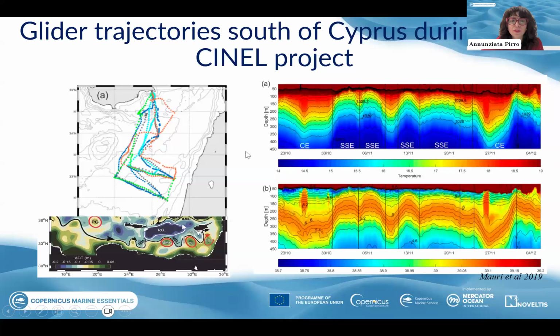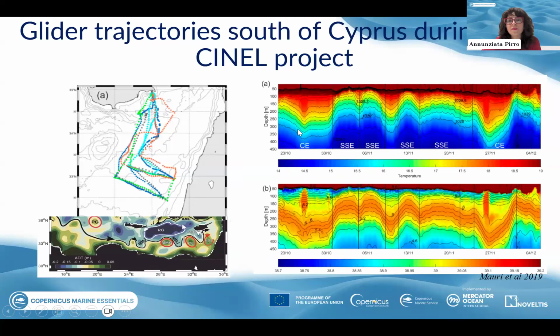My colleagues back in 2016 had a glider field campaign south of the island of Cyprus. Cyprus is this here. And with the glider, they were able to detect the Cyprus eddy, which is this anticyclonic eddy here in red.